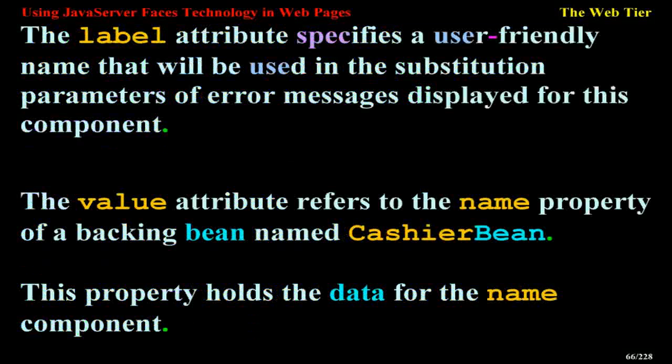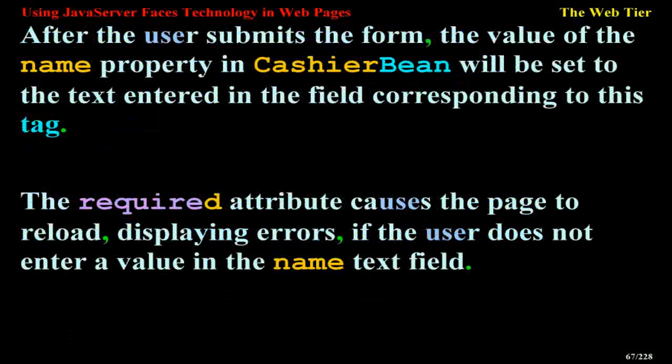The value attribute refers to the name property of a backing bean named cashierBean. This property holds the data for the name component. After the user submits the form, the value of the name property in cashierBean will be set to the text entered in the field corresponding to this tag. The required attribute causes the page to reload, displaying errors, if the user does not enter a value in the name text field.